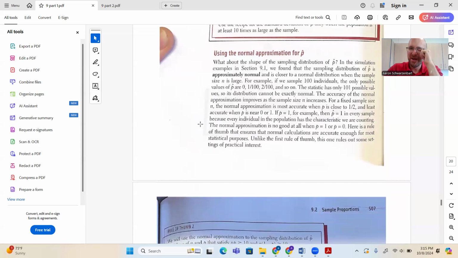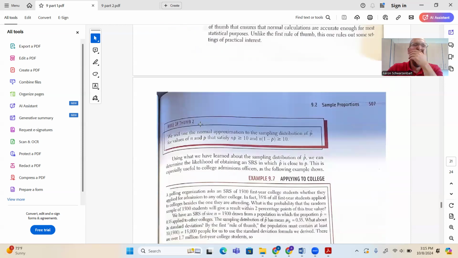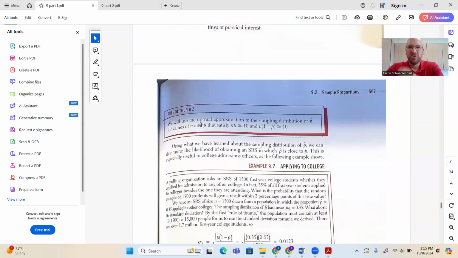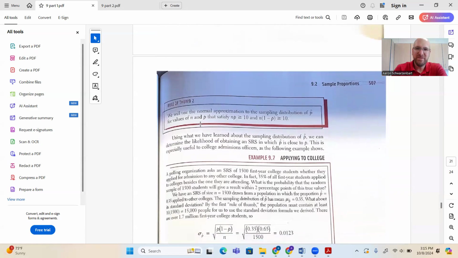We can approximate sample proportions to normal very often if they satisfy rule of thumb number 2, or this condition that says np is greater than or equal to 10, p being the probability of what we would call success. So np, there needs to be at least 10 or more in my success group.